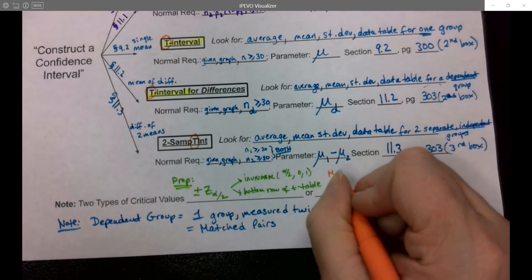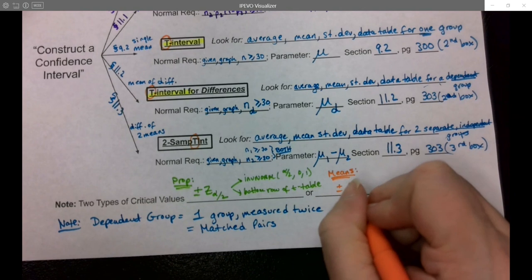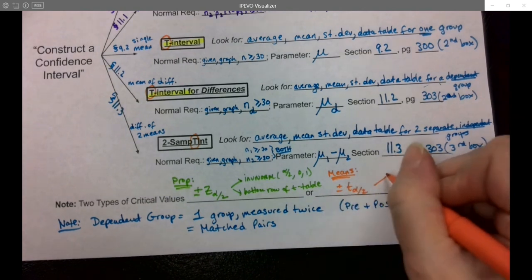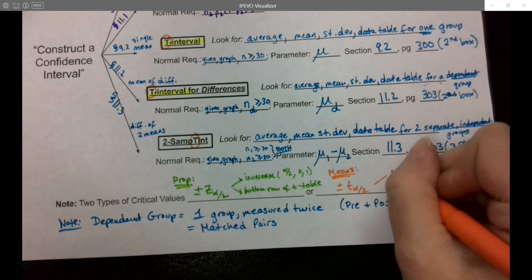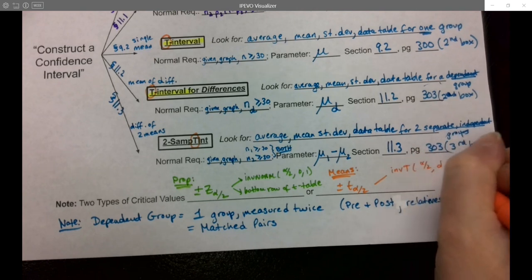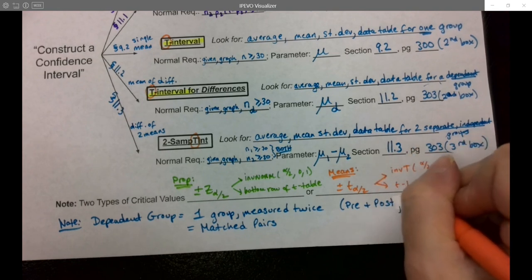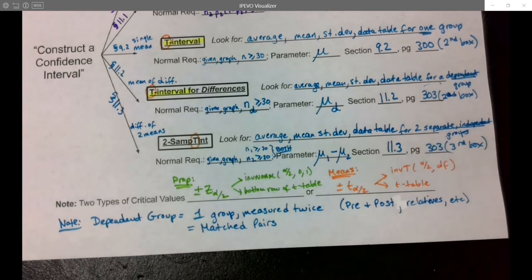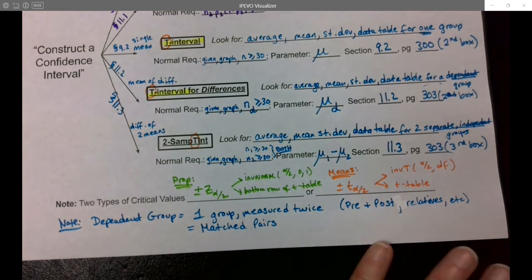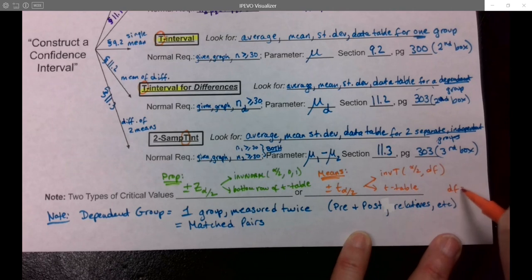So for the mean ones, it's plus or minus t alpha over 2, which you can either find with inverse t alpha over 2 comma degrees of freedom, or the t-table. And again, remember, we've learned it several times, but one more note, degrees of freedom is equal to n minus 1. Just a little reminder.